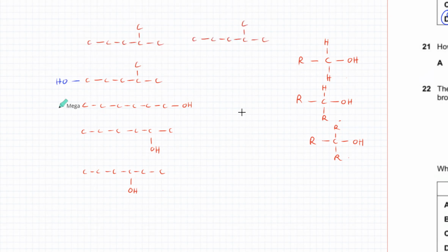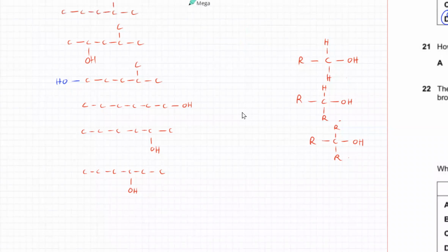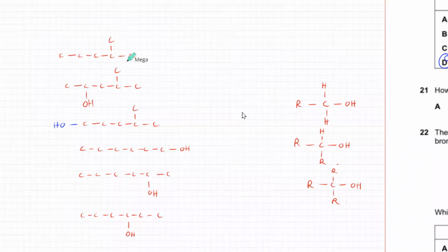Let's say the OH could be on the second position, or bonded to the third one, which would still be different. We can also have the OH on the last two, so there will be 2 more.